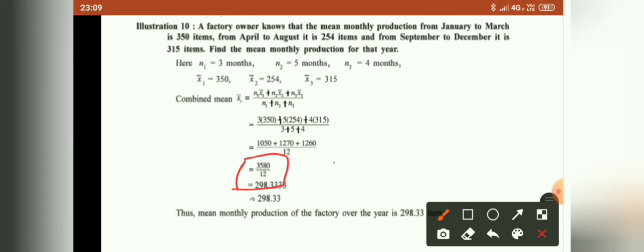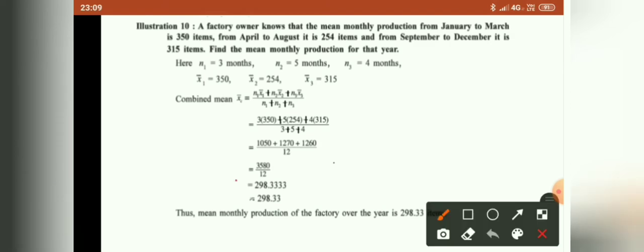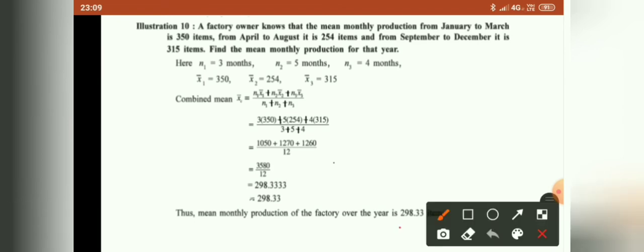If we divide by 12, we will get 298.33 approximately. So the monthly mean production of the factory over the year combined is 298.33. This is the final answer.